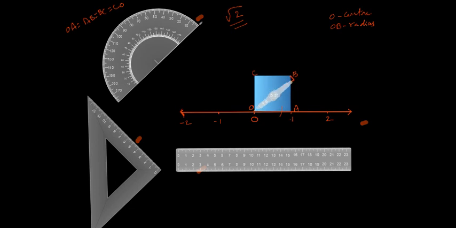You draw like this, that intersects the number line at a point, that is K. You put a point here, that is K. Once again you observe it.